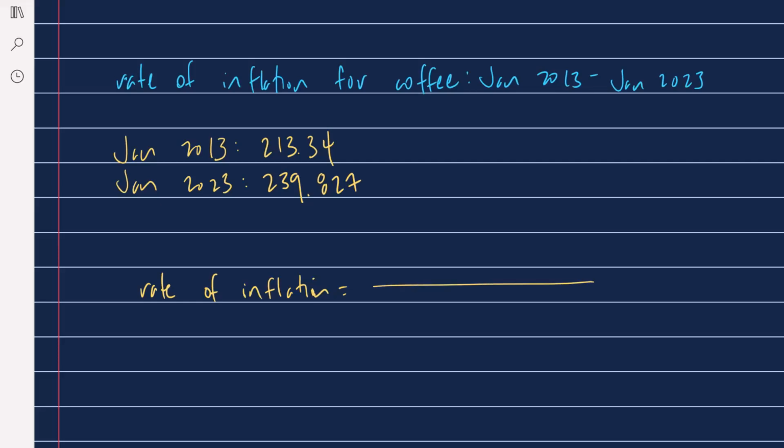Okay, and we calculate the rate of inflation the same way that we just did for the entire CPI. The more recent year minus the earlier year over January 2013.